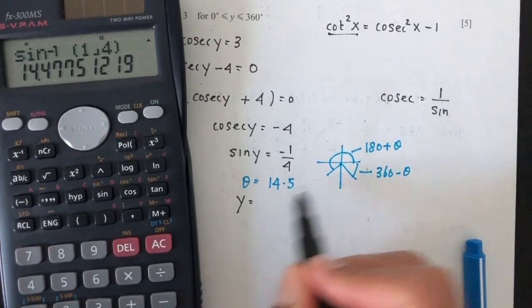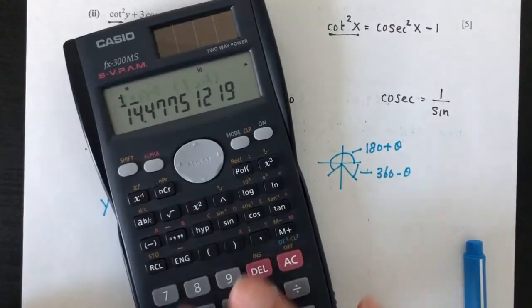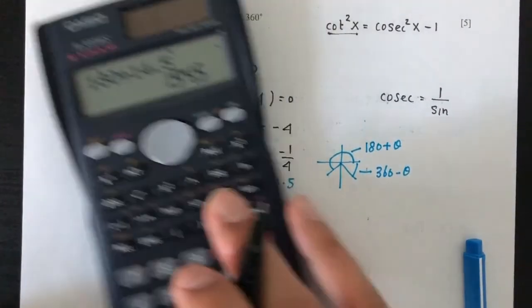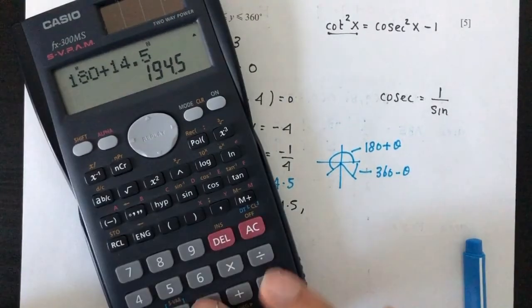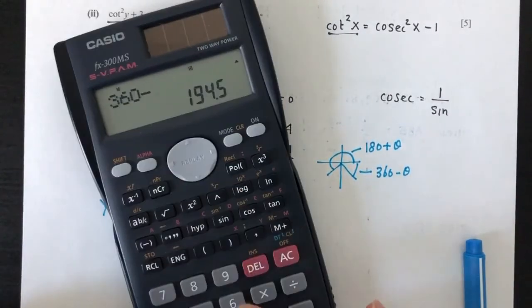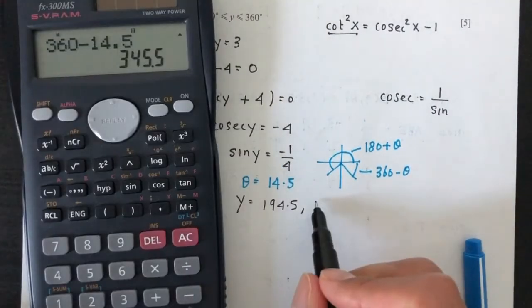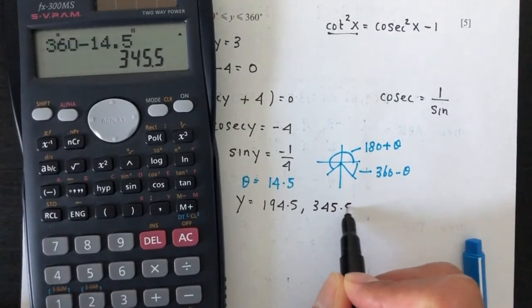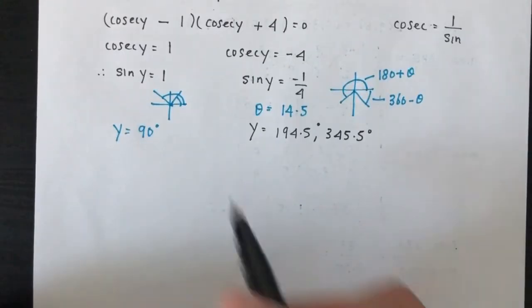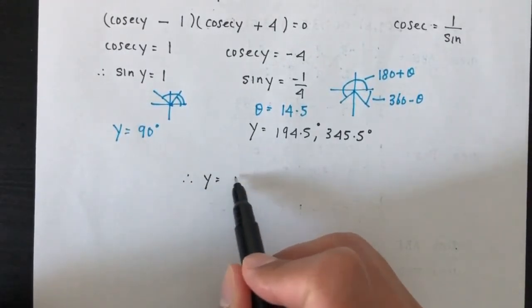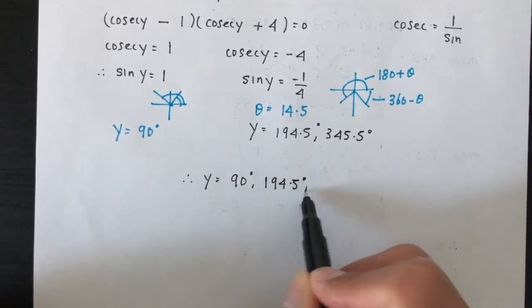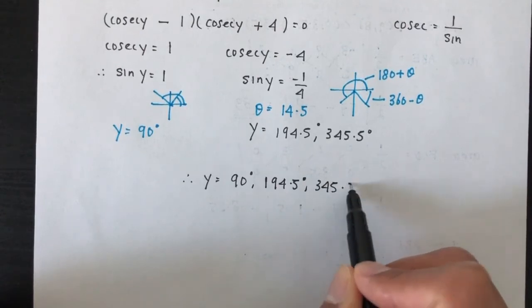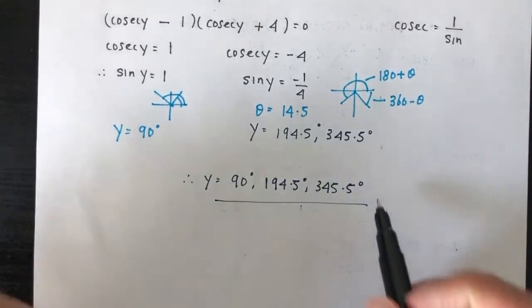So y is equal to, the first one is 180 plus 14.5. That will be 194.5. And then this one is 360 minus 14.5. That should be 345.5. Okay, so that's it for your values. So you have three values of y. So y can be 90, can be 194.5, and then 345.5 for the values of y.